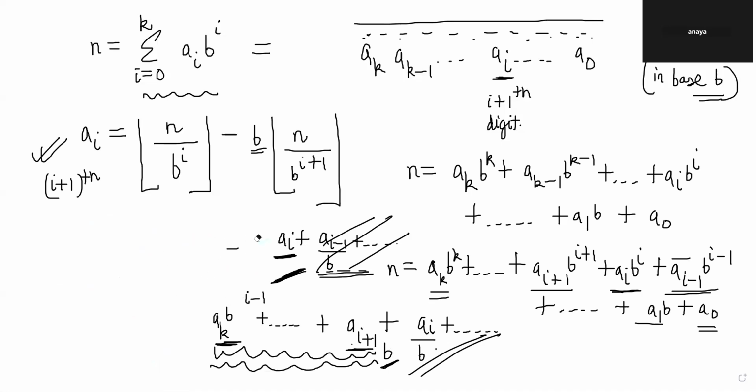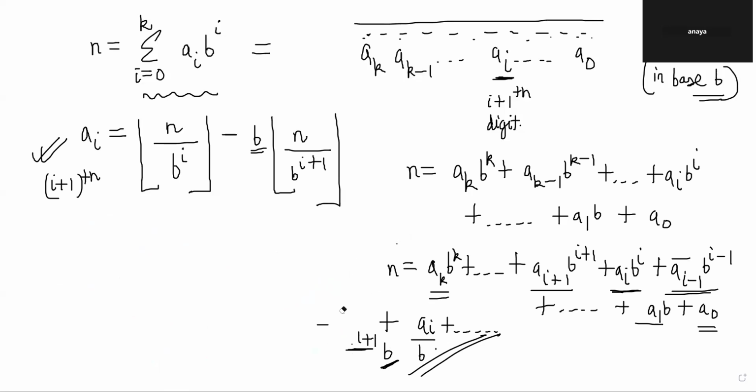If I need the (i+1)th digit, or a_i, I can do GIF of n by b power i minus b times GIF of n by b power i plus 1. You can try this on any base integer and find the required digits.